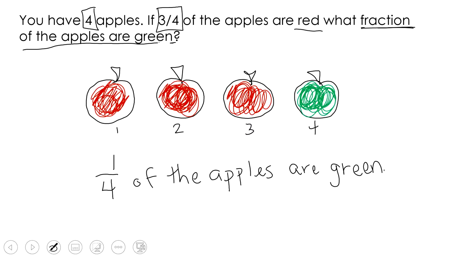And that would be the answer to this problem. Because again, I've got 4 apples, if I think of the apples as a set, I can think of each apple as 1 piece. And so I've got 1, 2, 3 pieces that are red and 1 piece that's green.